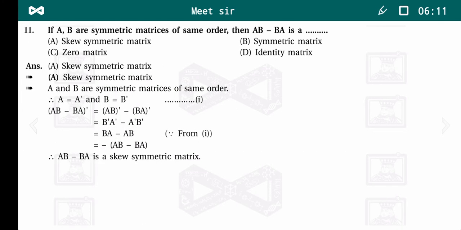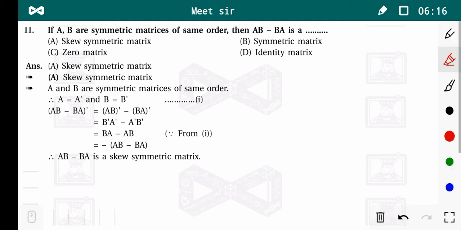Now, question number 11. If A and B are symmetric matrices of the same order, then AB minus BA is a blank.